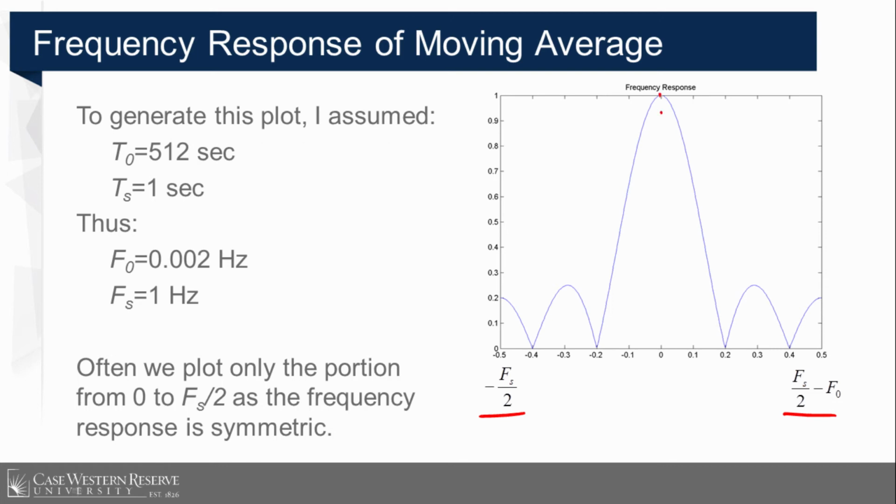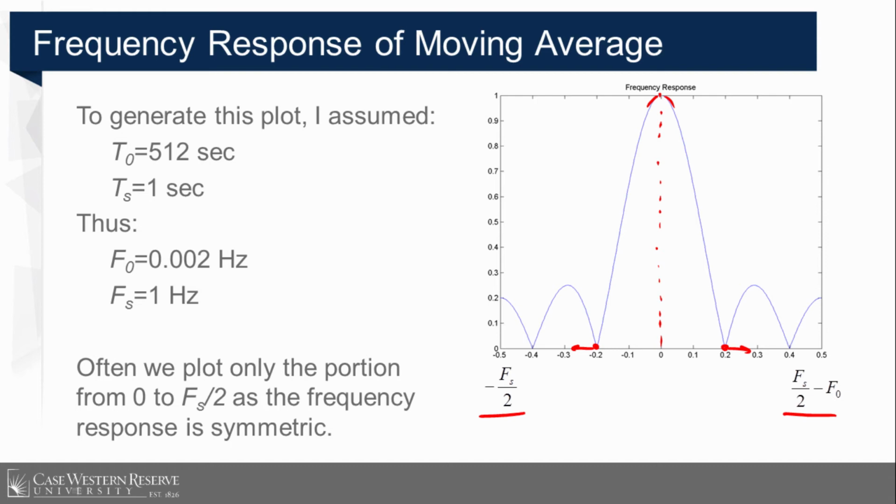Okay, so we can see here, if we just draw a line at our 0 frequency, we see that low frequencies are going to be attenuated very little, right? That here we're very close to 1 for these low frequencies. Here, frequencies at minus 0.2 hertz and 0.2 hertz are going to be completely attenuated. And then these other frequencies moving forward, they may pass through a little bit, but they'll be mostly attenuated.